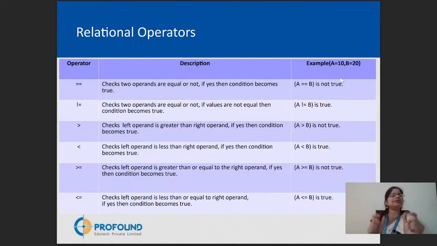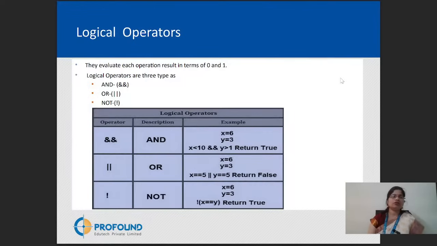So to see the relation between two entities, these operators are used in the C programming language. If you already have clarity on these things, you will be able to do better programming. Then there are logical operators. They evaluate each operation result in terms of 0 and 1. Logical operators are of types AND, OR and NOT. In AND, it checks both the conditions. In OR, it checks one of the conditions. If one of the conditions is true, it will give you a result as true.